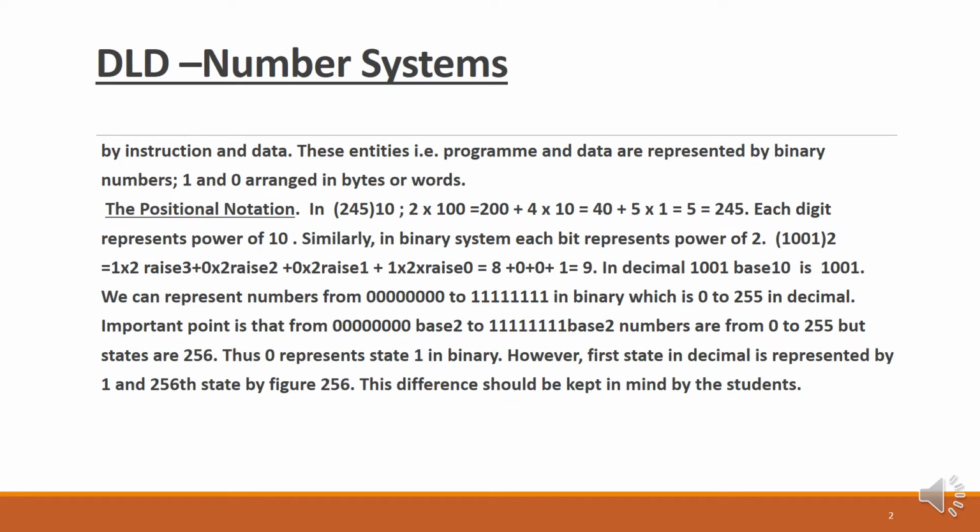So in computers, whatever job you have to do will be dictated by instruction and the data. Now these instructions and the data, that is the program and the data, are represented in binary numbers as far as computers are concerned.